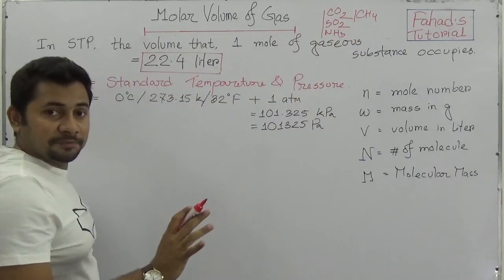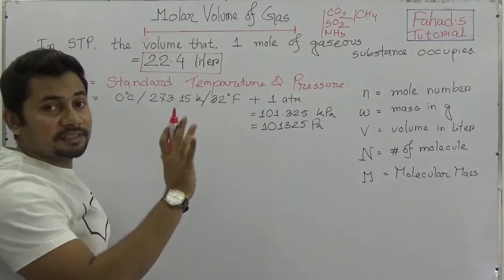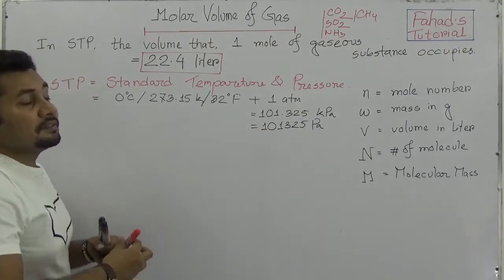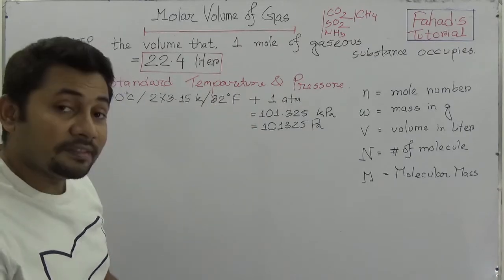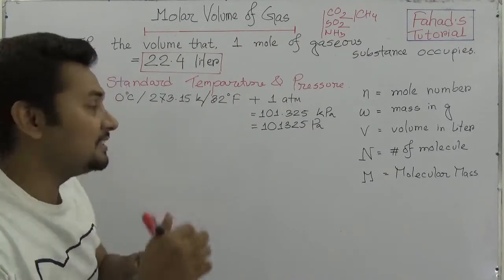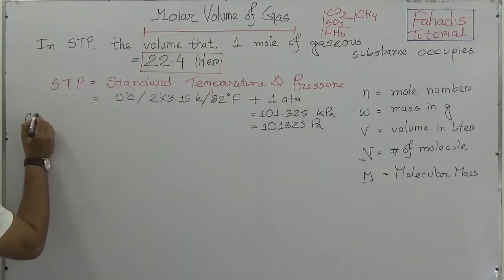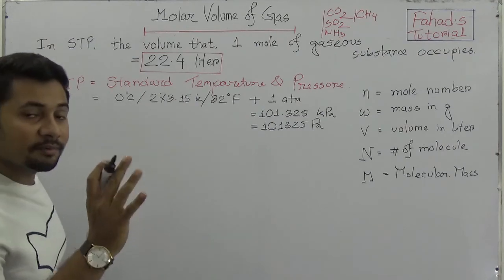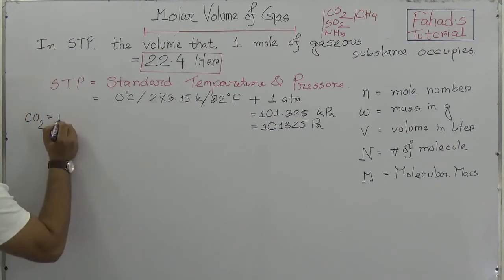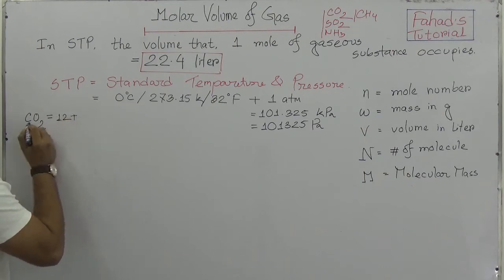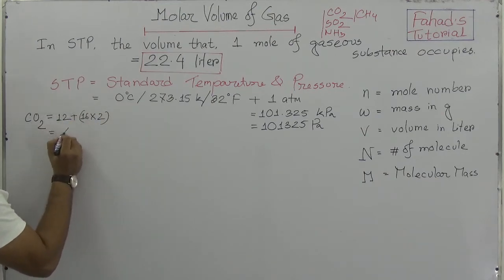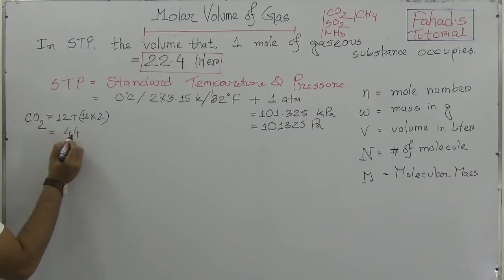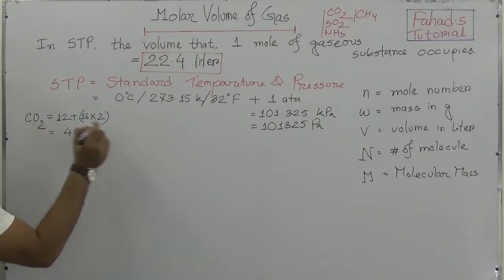We need to find out the mole of this gas. Suppose carbon dioxide. Can you remember the molecular mass of carbon dioxide? Carbon is 12, oxygen is 16 times 2, which together is 44. So 44 is the molecular mass of carbon dioxide.